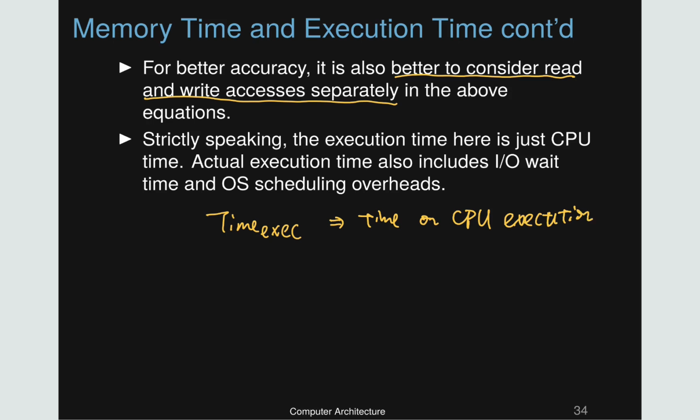It does not include time for I/O wait or OS scheduling overhead. So the real execution time would be the CPU execution time plus the time the program spends waiting for I/O, and the time it spends waiting for the OS to schedule it to execute.